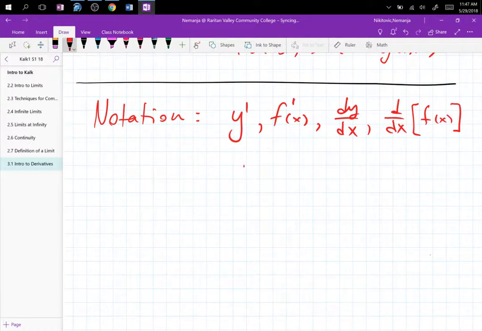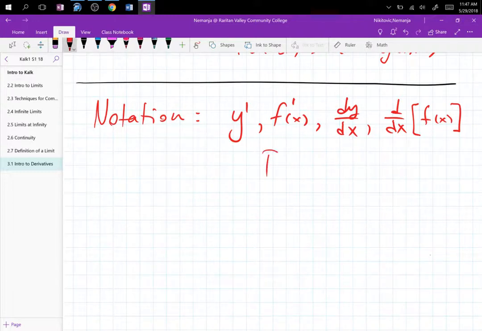Newton's original notation was y with a dot on top, and only mechanical engineers might use this.